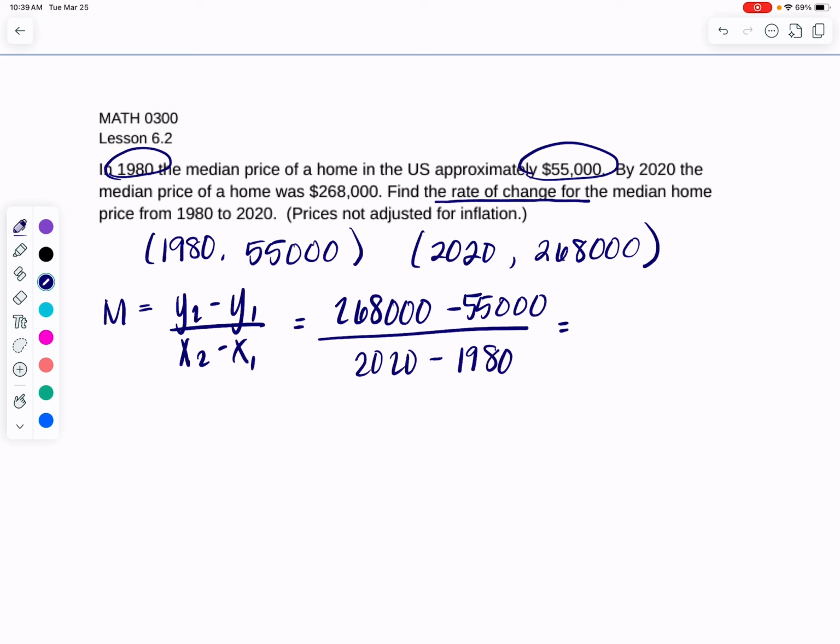And I am not going to be a hero and attempt to do this in my head, because if I do that, I am going to get it wrong. This is 213,000 over 40.